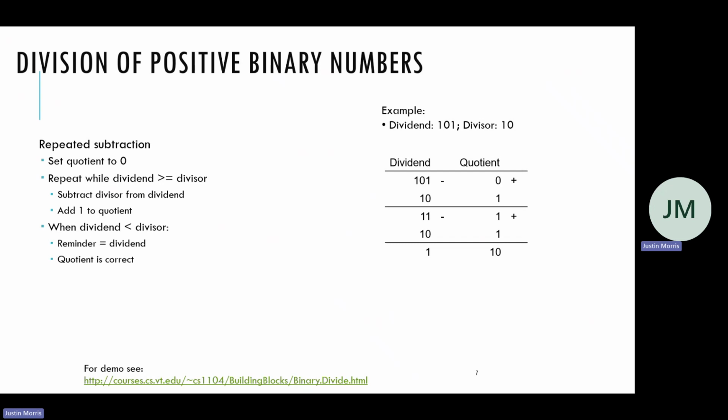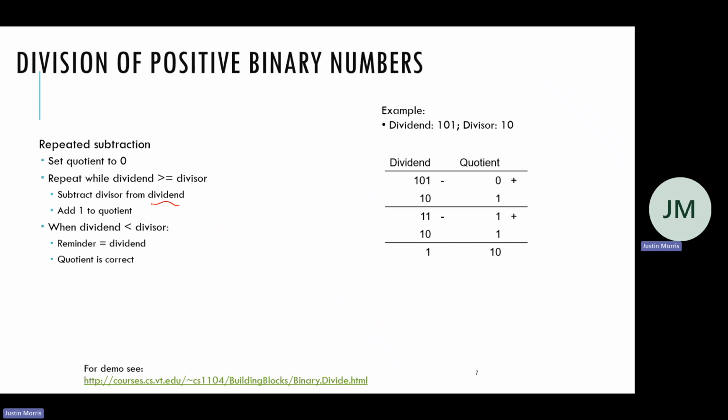And if it did not, then we add 1 to the quotient, right? I subtracted 1 of this so far, and if the dividend is still greater than the divisor, then we subtract another one, and we add 1 more to the quotient.